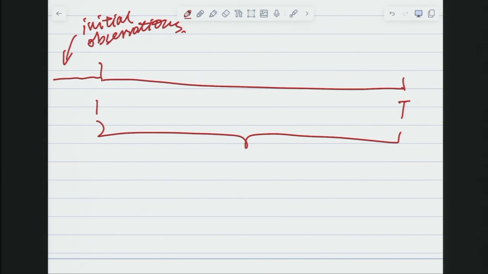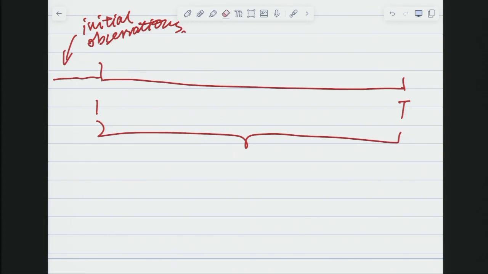Typically, we would need to trim. We need to reserve some data at the beginning and also towards the end of our sample. We need to set them aside. We are not going to use them for the breakpoint search, and we're going to use some middle interval to do our search.